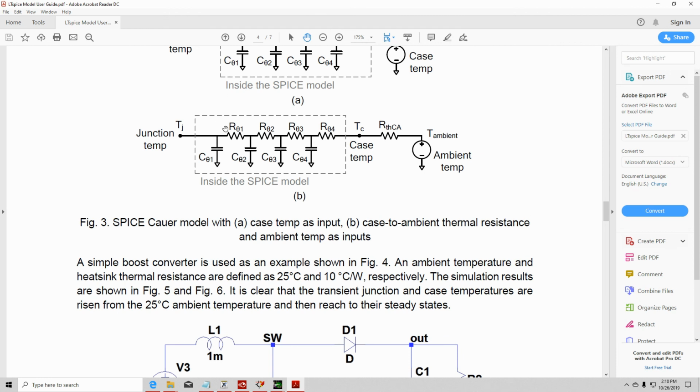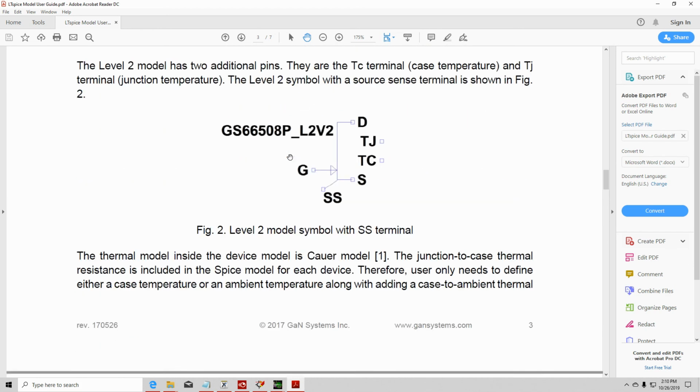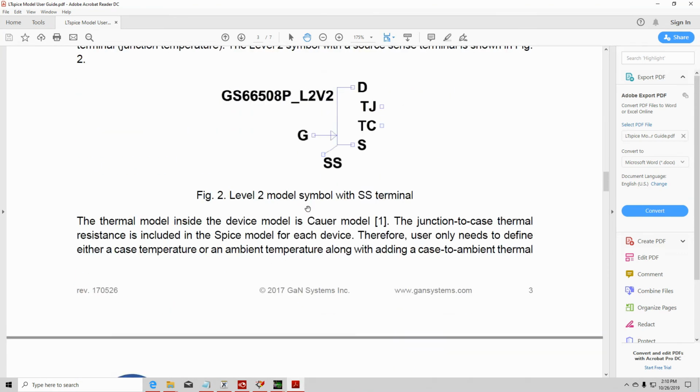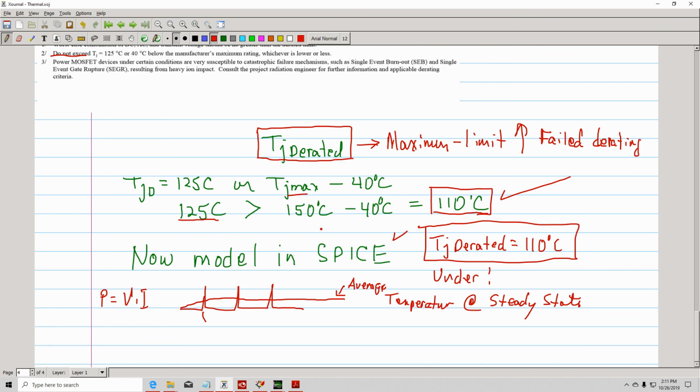And I believe if you were to add from junction to the case, these add to 2 degrees per watt, if I'm not mistaken. Okay, but anyway, that's the model that I want to show. It is something that is being done by some of the newer manufacturers, and it's a powerful tool or skill set for you to understand this and be able to model this.